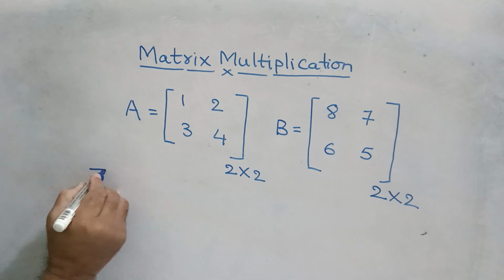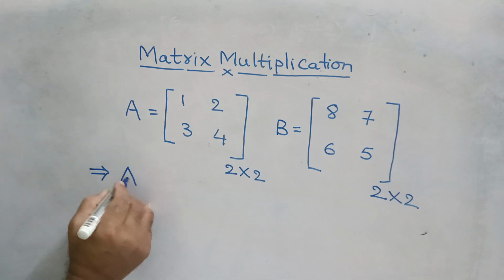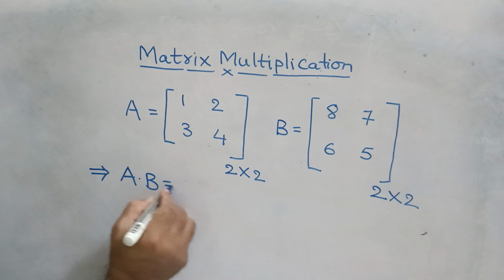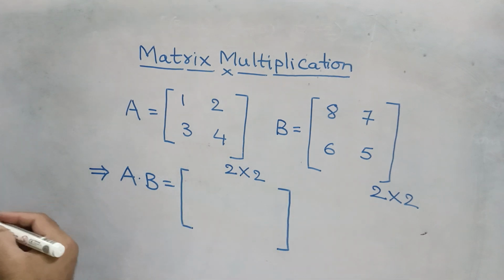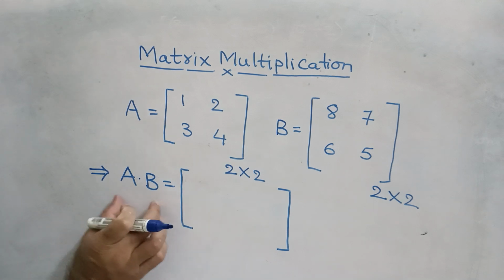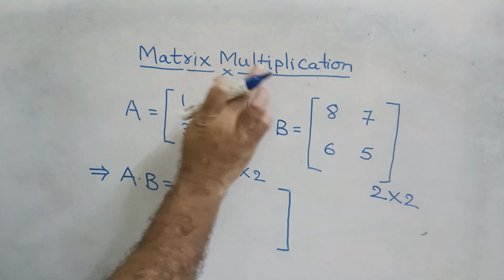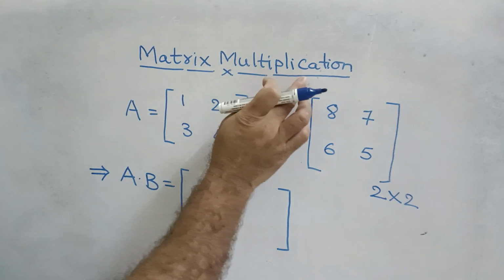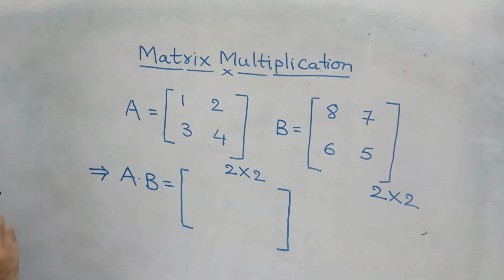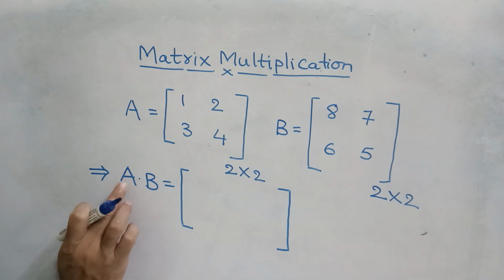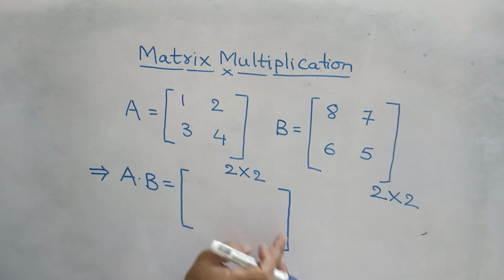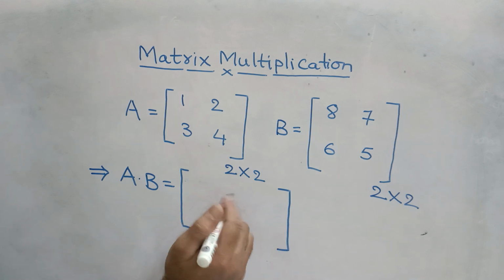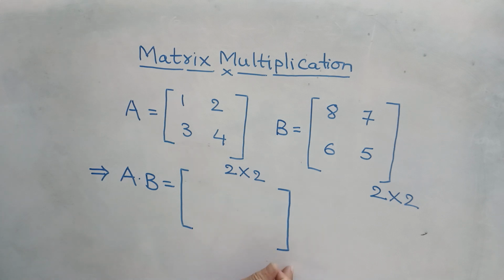So if you take the multiplication, that is A into B, you will get another matrix, the resultant matrix, upon performing this matrix multiplication on these two given matrices.